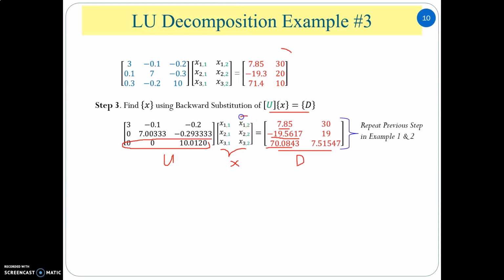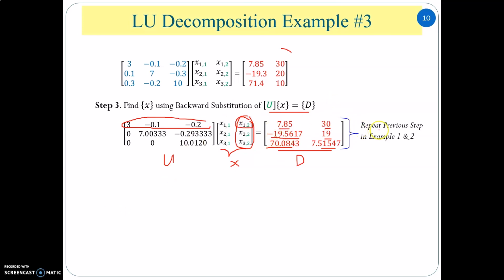Take this row, multiply with this column equal to this, and you can find the x32. Take the second row here, multiply the second column, then equal to 19. Then you should be able to obtain x22. Lastly, take the first row, multiply with the second column equal to 30. Then you can find the x12.